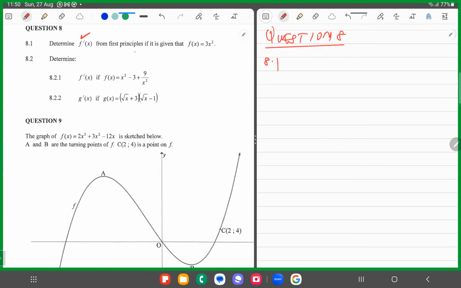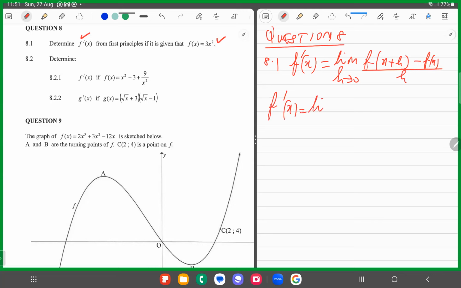Right, determine f prime from first principles, given that that is the case. So you'd have f of x, and f prime is the limit of f, which is this. So which means that you have 3 into x plus h, all squared. f prime is the limit.